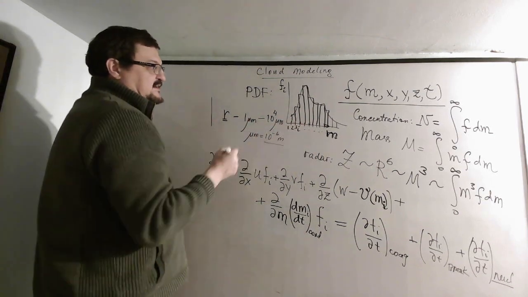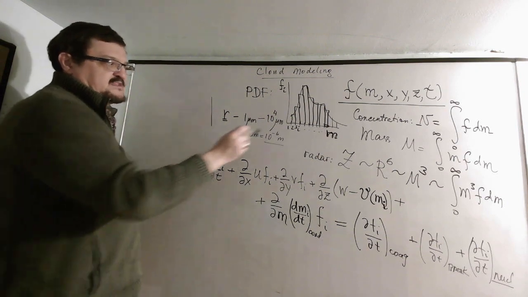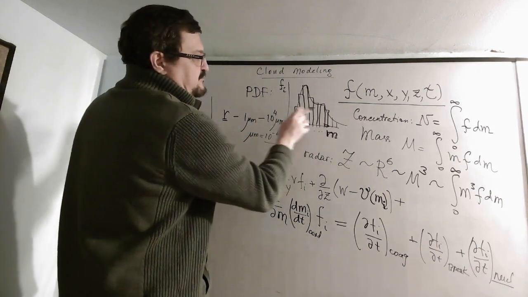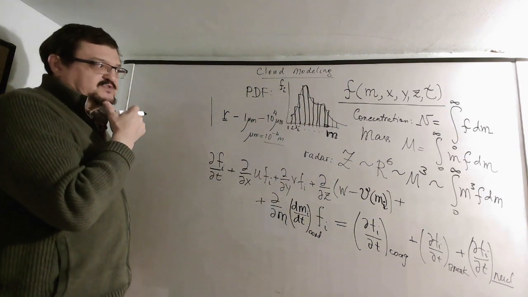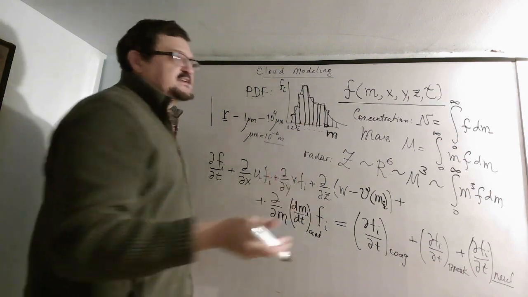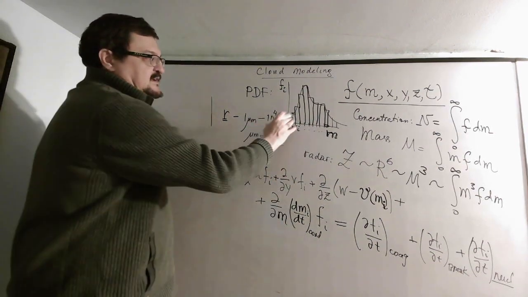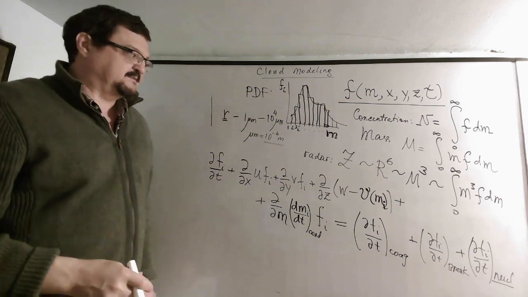With mass it's of course different, and that's why it's beneficial to use the mass variable, because you more uniformly cover this range. But still you need probably at least on the order of 100 bins to really resolve only these warm microphysics processes.